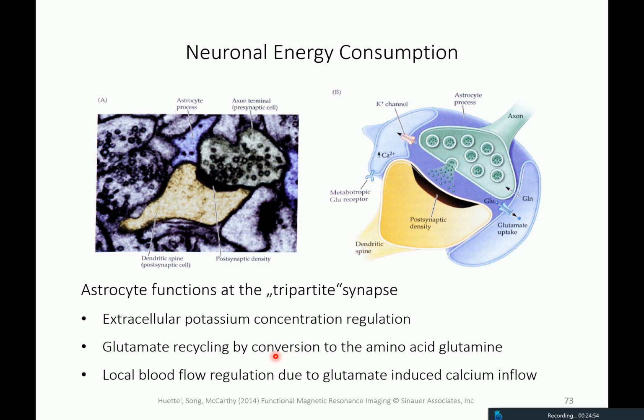Now they can also regulate the blood flow to make sure that energy is coming, because they have their protoplasmic feet at the small vessels. So that's this idea of a tripartite synapse.